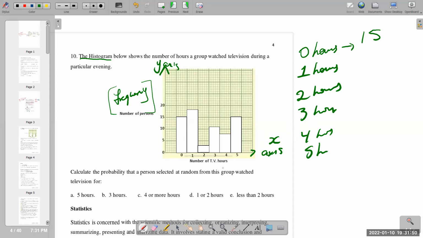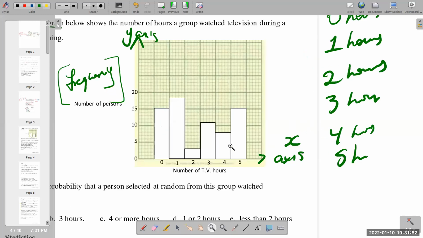Let me zoom in a little bit. Excellent work, and you know why I'm very impressed? Because what I expected you to realize is that we have major boxes and minor boxes. Each major box represents 5, so we need to see how much each small box is.